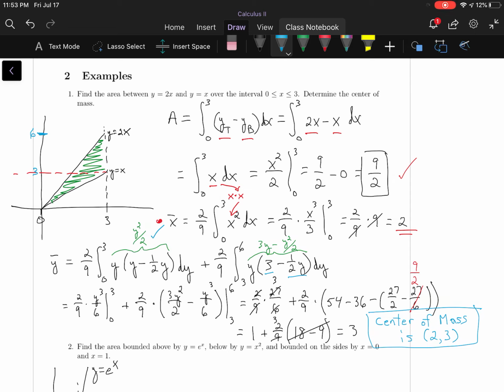So when you multiply through and you integrate, you get this next line here. And as you evaluate that, the first part from 0 to 3, the second part from 3 to 6, it simplifies to 3. Which means our center of mass is at the point (2, 3).